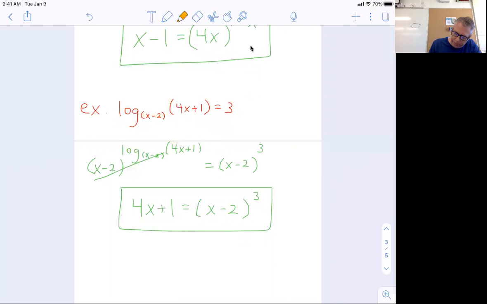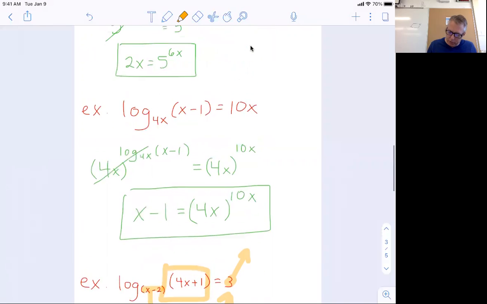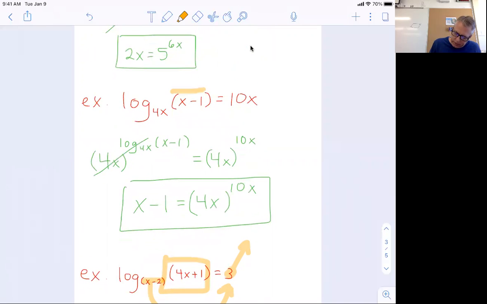So 4x plus 1 stays. The x minus 2 moves over, and it was here. And then the 3 moves up, that was here. So like in the previous problem, this stays, this moves over, that moves up.